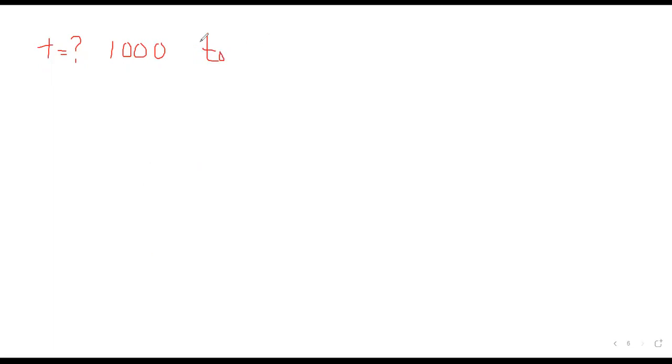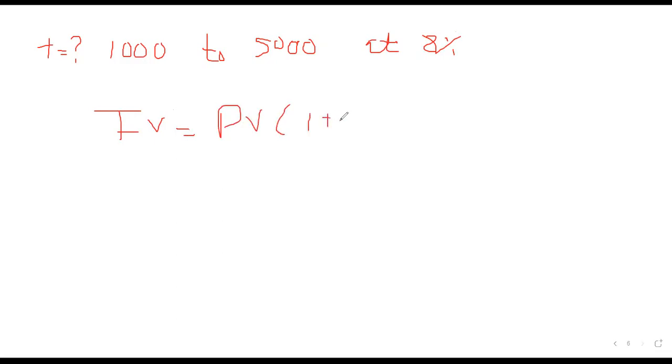Or sometimes you put a figure: how long does 1,000 kwacha take to grow to 5,000 at an interest rate of 8%, compounded annually? So we use the annual formula. Future value is equal to present value times 1 plus r, to the power time. So what do I put in the future value? The big figure, 5,000.